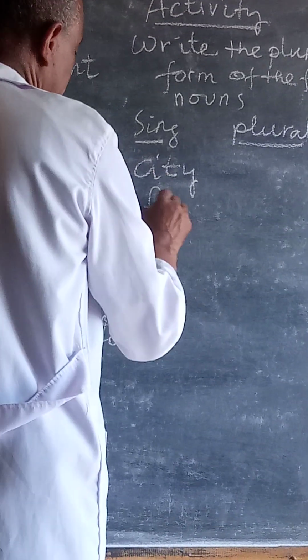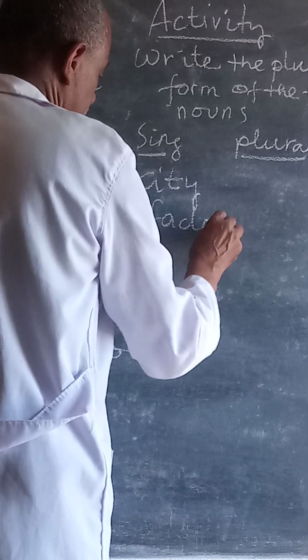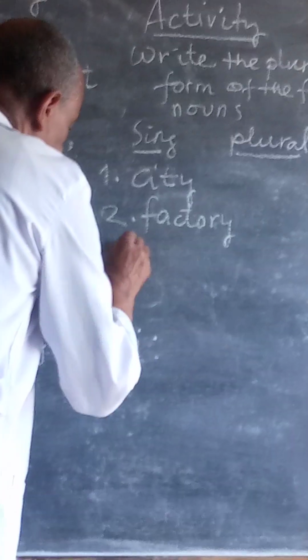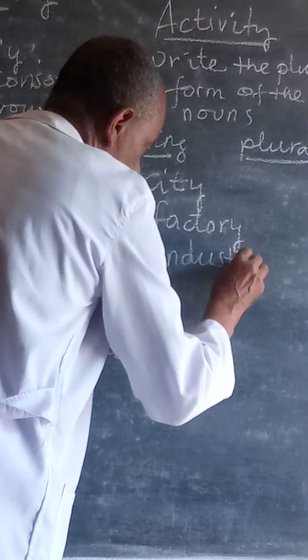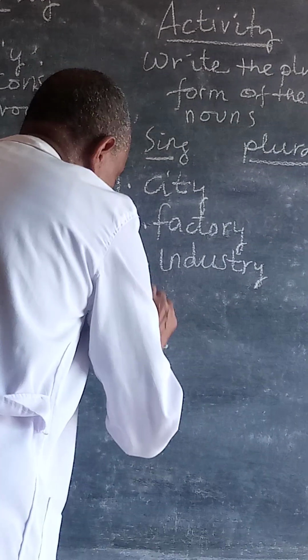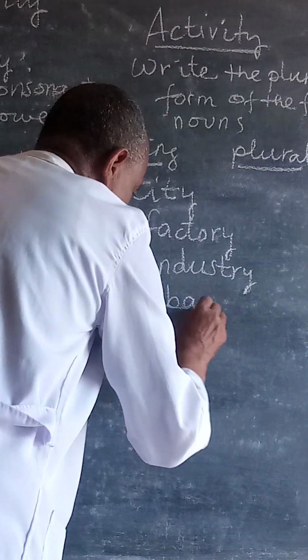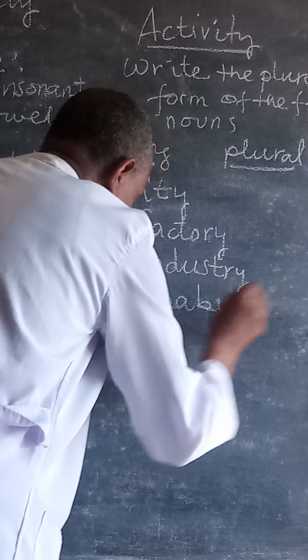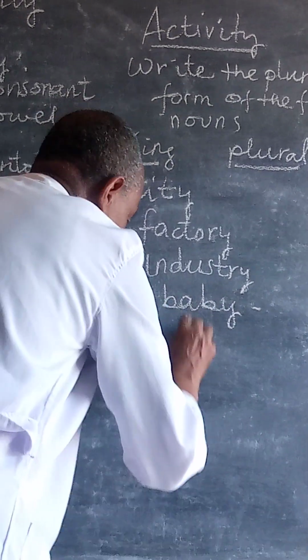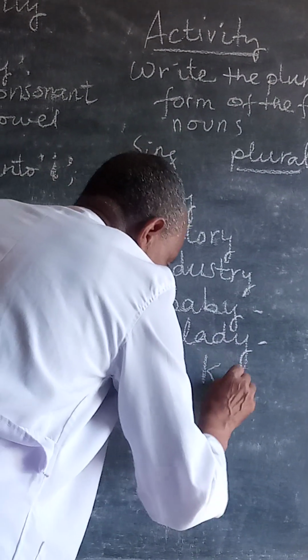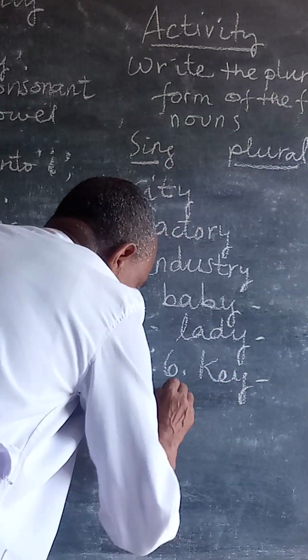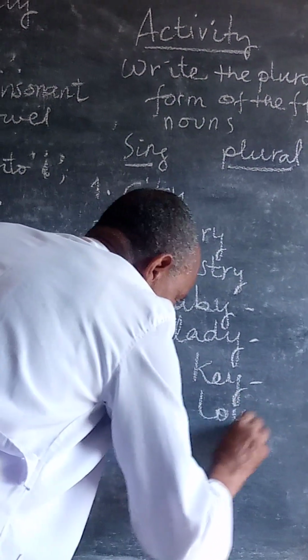Number two, factory. Number three, industry. Number four, baby. Number five, lady. Number six, key. Number seven, toy.